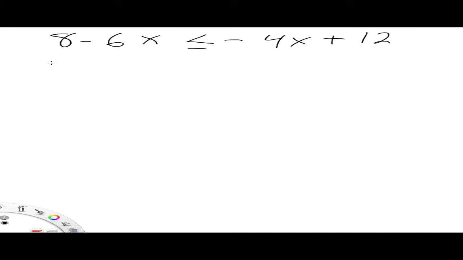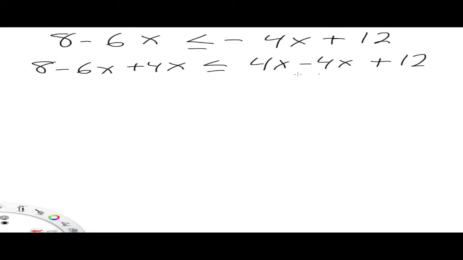So I've got 8 minus 6x plus 4x is less than or equal to 4x minus 4x plus 12. That's going to be 0, so I'm less than or equal to 12, and that's 8 minus 2x. Now I'm going to go ahead and subtract 8 from both sides of the equation.